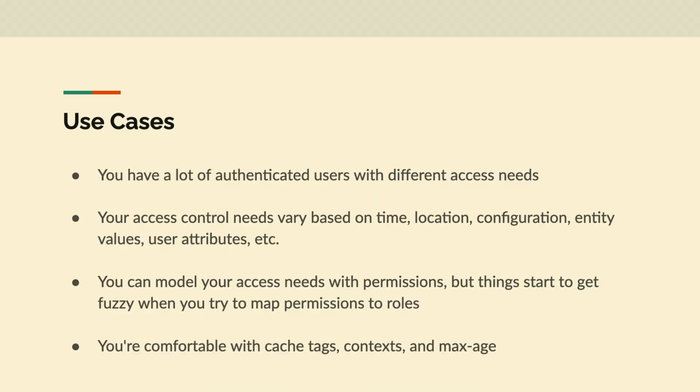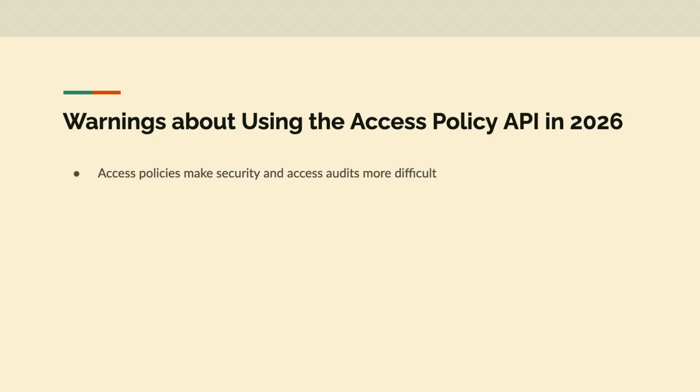You have to be comfortable with cache tags, cache context, and cache max age. Warnings. These make security audits more difficult because the permissions page is a page with a lot of checkboxes, and you can tell what it is. There are no checkboxes here. You just have to know what the code is. Writing any custom logic makes access audits, permissions audits more difficult.